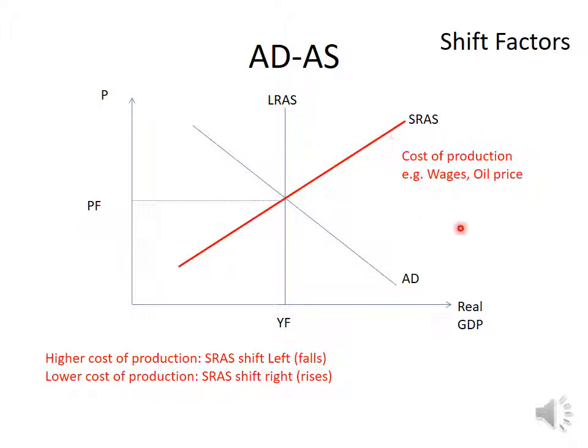Now just take note, higher cost of production, which means it's more expensive to produce, your SRAS falls or the curve shifts left. When the cost is lower, SRAS shifts right, or SRAS rises. So it shifts to the left when cost is higher, it shifts to the right when cost is lower. We can't run away from all these cost structures like wages and oil price, so SRAS shifting is quite easy to identify.